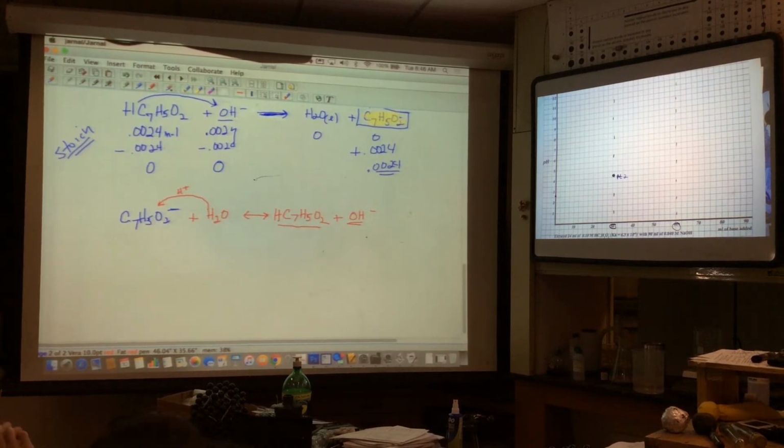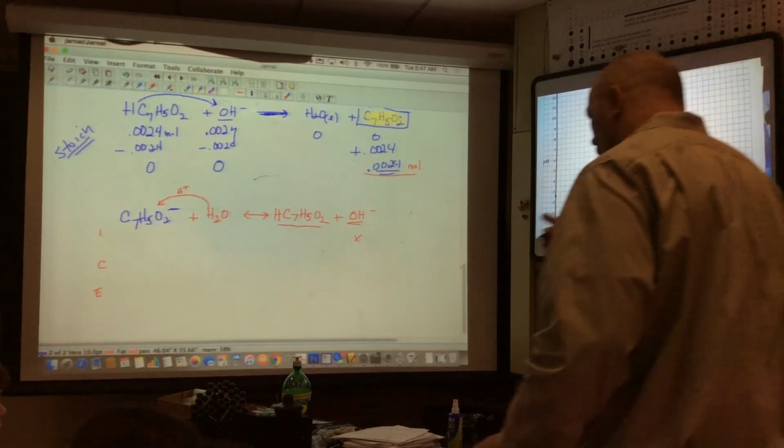So I want to solve for how much of this goes forward. I need an equilibrium table. Well, you probably don't need an equilibrium table, but you need a concentration in molarity, not moles. So I know I have 0.0024 moles of my conjugate base. The question is, party people, what's the volume?